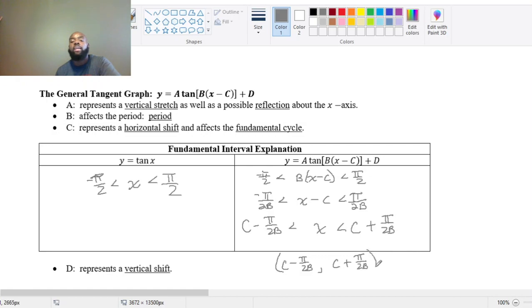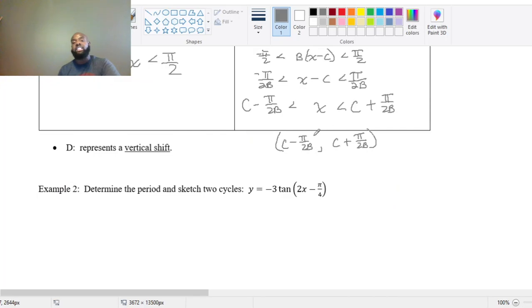And that means my period is going to be the distance of this, or the width of this cycle here, right? So all I have to do is take this number, which is c plus pi over 2b, and subtract from it this number here.